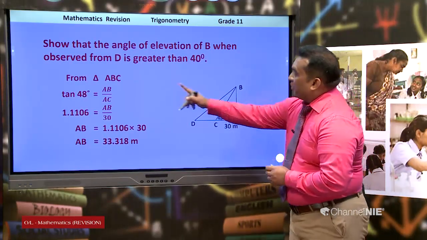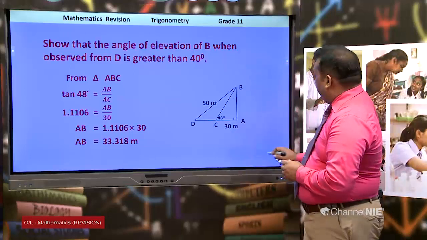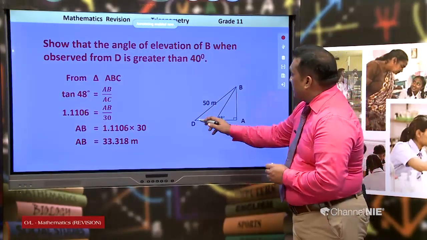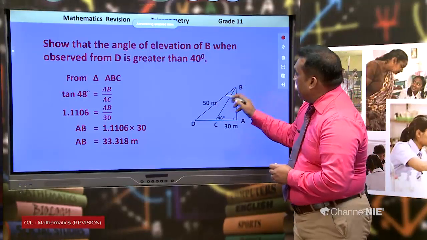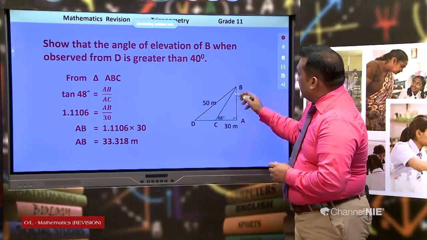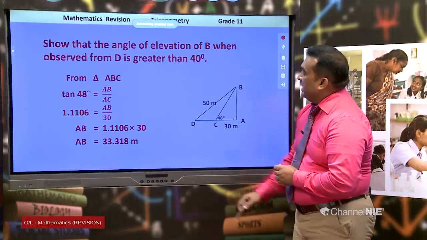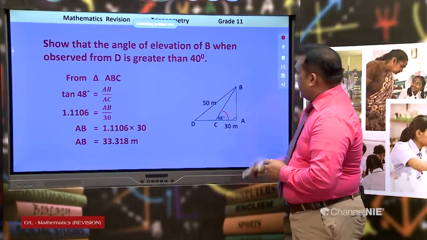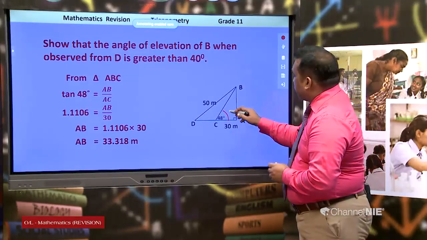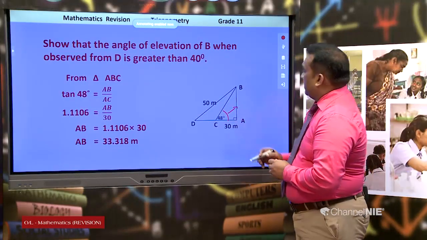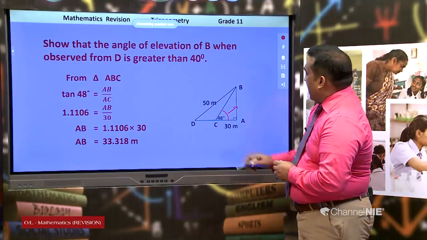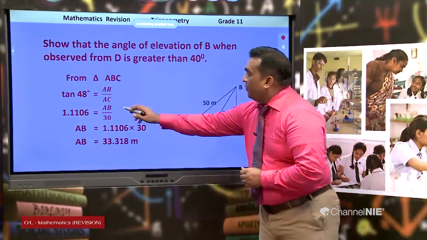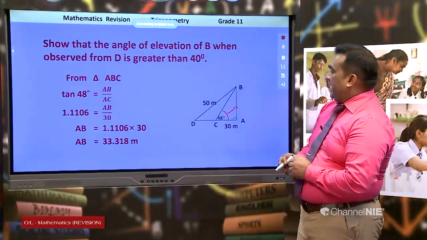Then consider triangle ABC, this one. In triangle ABC, tan 48 equals the opposite side AB over the adjacent side AC. We want to find the length of AB.